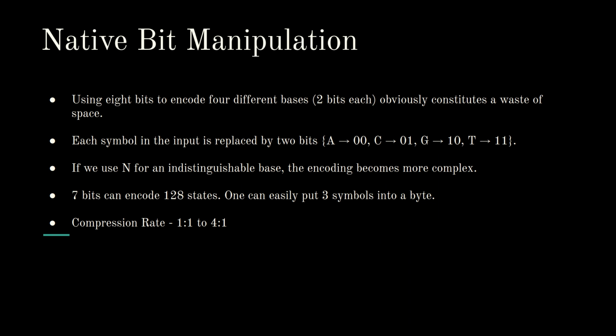As we know, the human genome has four major bases: A, C, G, T: adenine, cytosine, guanine, and thymine. We are using 1 byte to store each in an ASCII format, so that is 8 bits to store one base, which is a real waste of space.